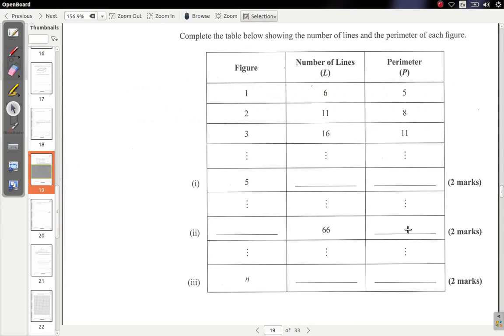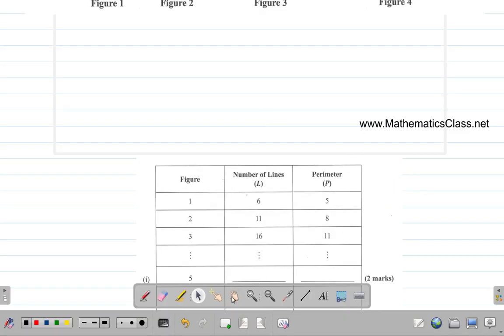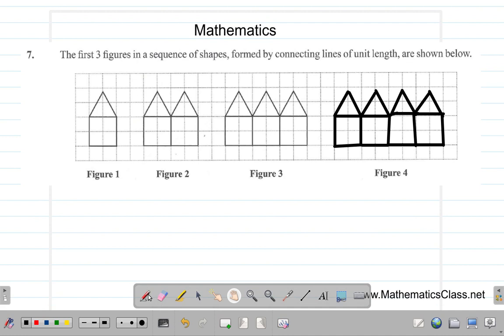Complete the table below, showing the number of lines and the perimeter of each figure. Figure 1 has 6 lines: 1, 2, 3, 4, 5, 6.